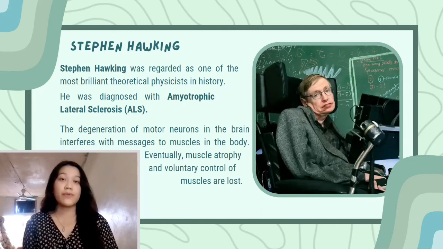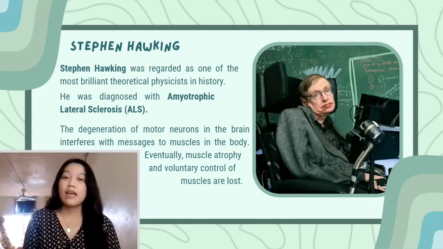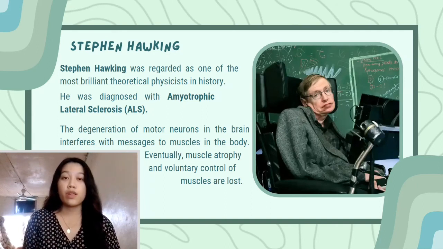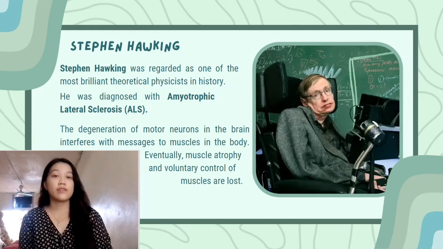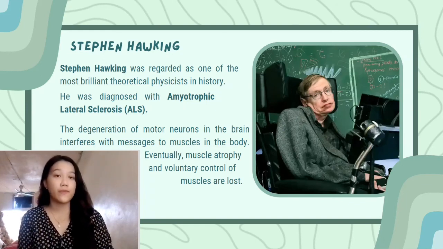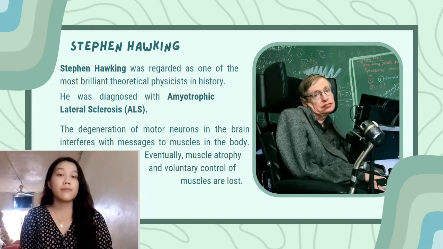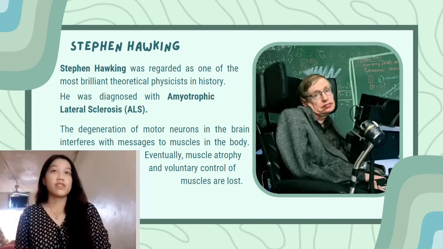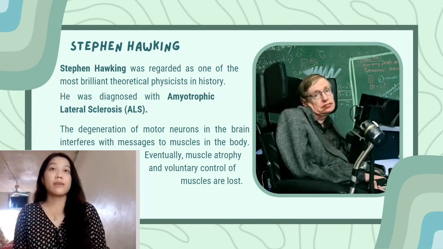ALS is a progressive nervous system disease that affects nerve cells in the brain and spinal cord, causing the loss of muscle control. ALS affects the nerve cells involved in voluntary muscle movement, decreasing a person's ability to move and speak over time. The degeneration of motor neurons in his brain interferes with messages to muscles in the body.